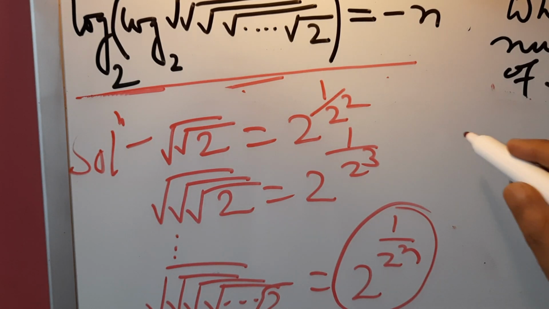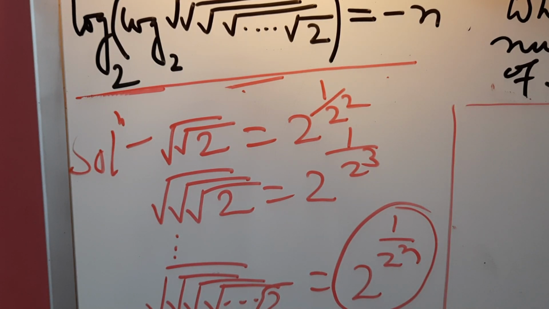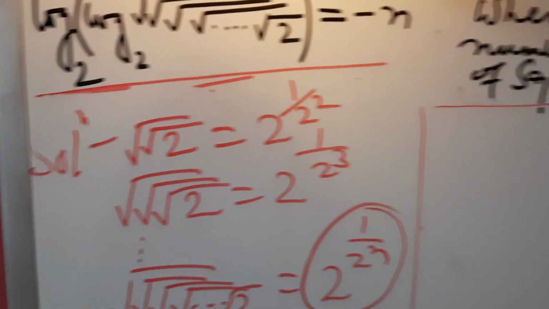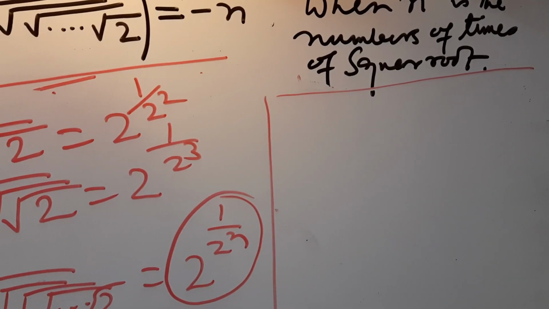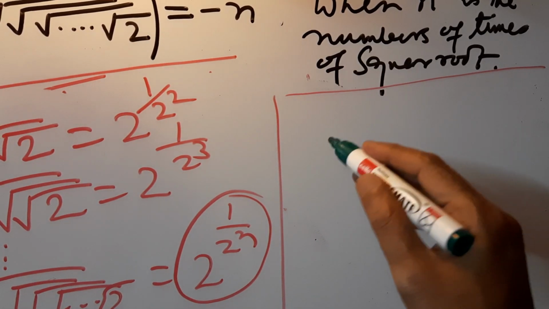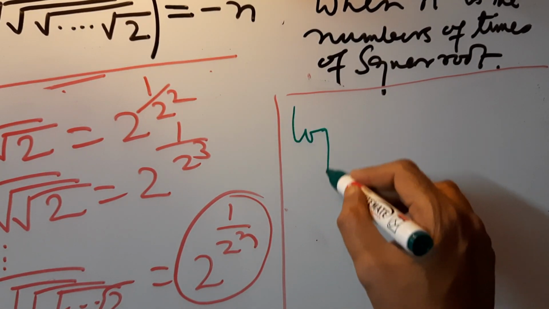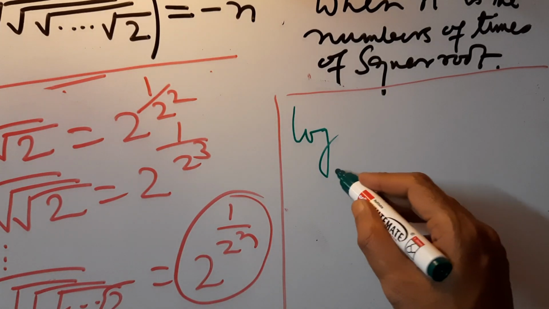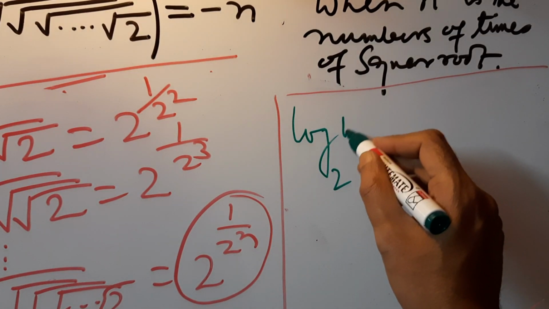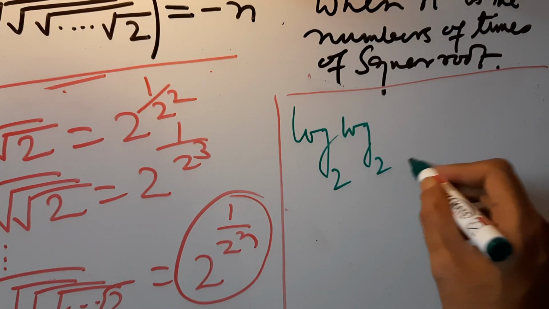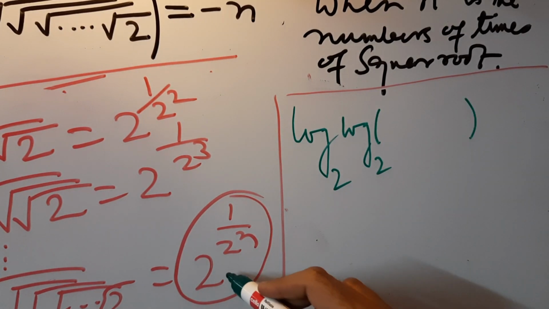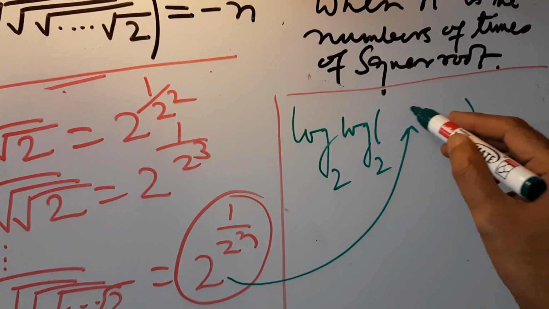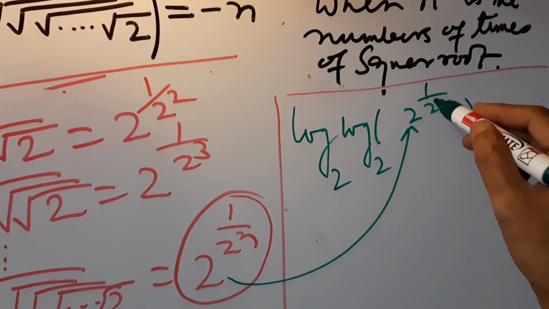Now if we simplify the log part, what will we get? The first part is log base 2, log base 2, and the inner part will come to 2 to the power 1 by 2 to the power n.